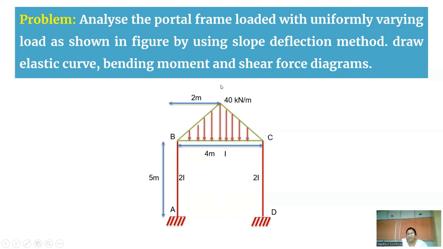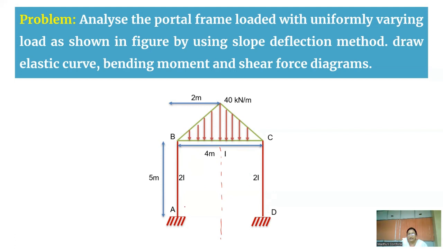So when I cut this section at this point, you can see here a triangular load of 40 kilonewton per meter, and here also on the right side 40 kilonewton per meter. At B there is no loading. This is 2I moment of inertia for AB, and similarly 2I moment of inertia for CD.